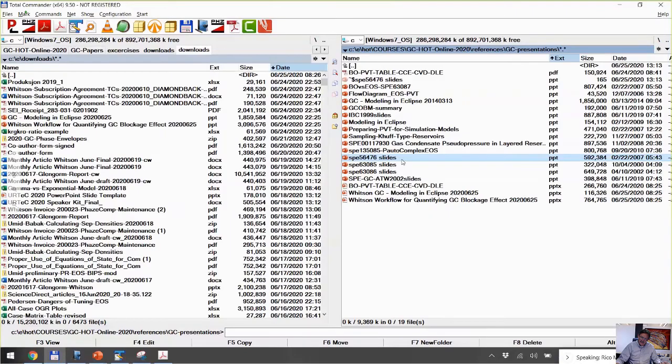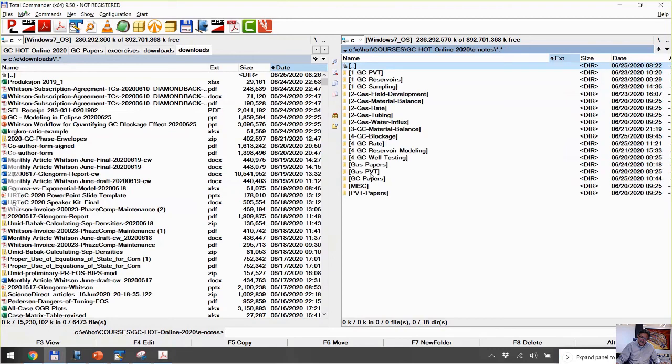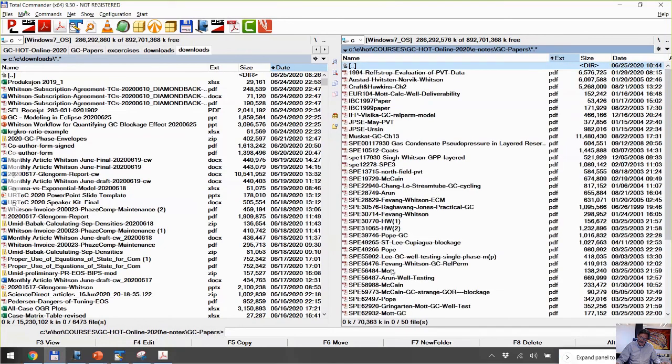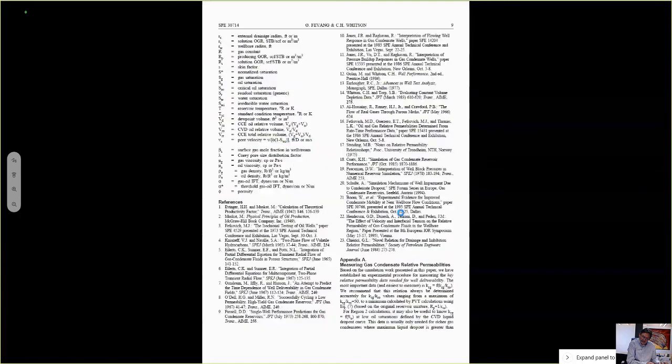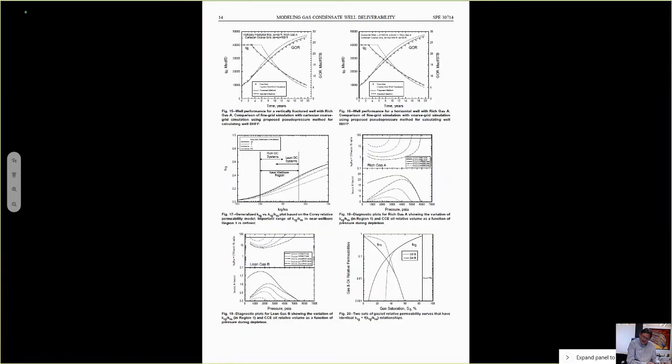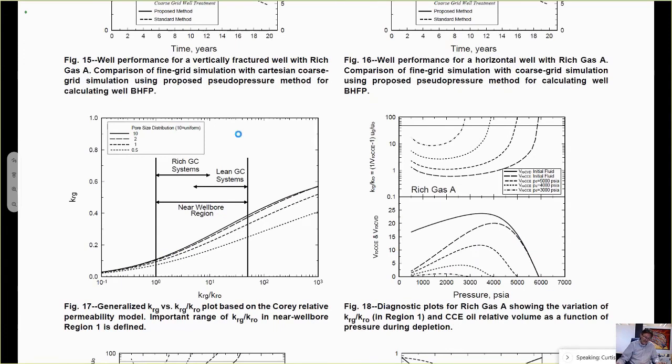Let me just go back to this paper here. Okay, this figure here, 17.